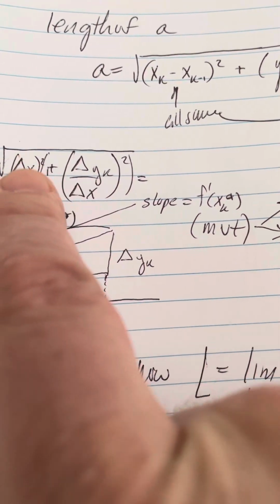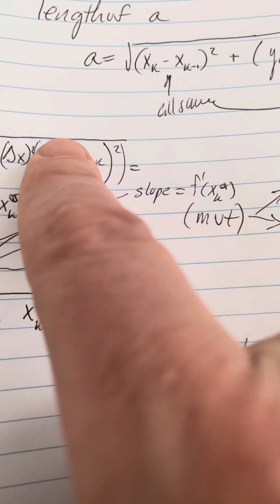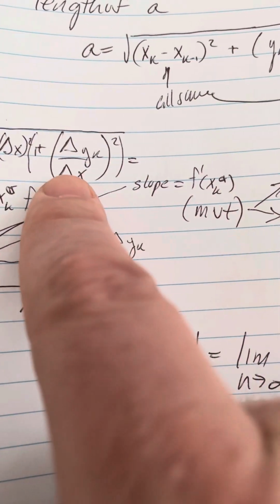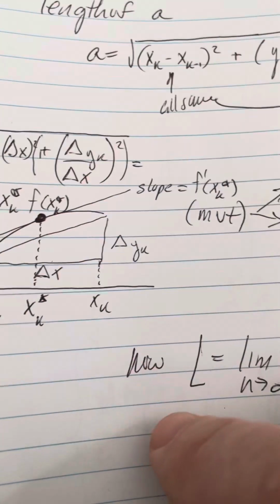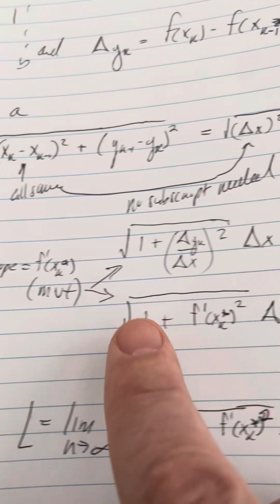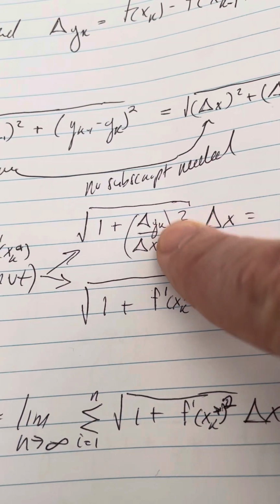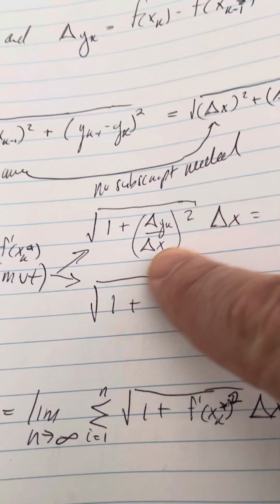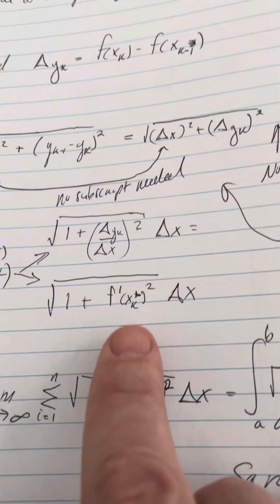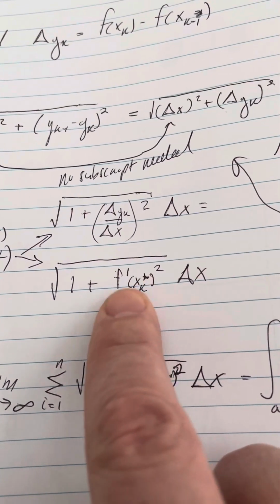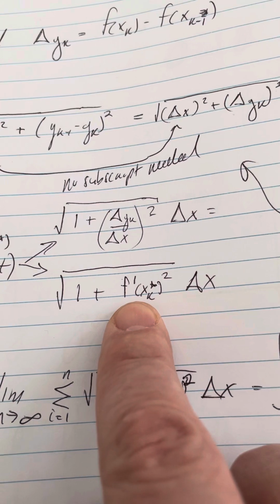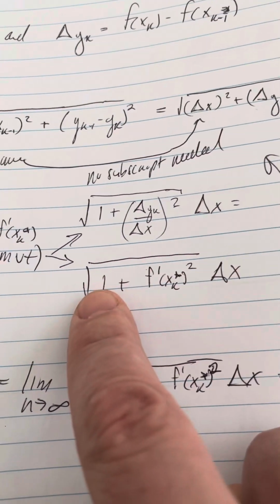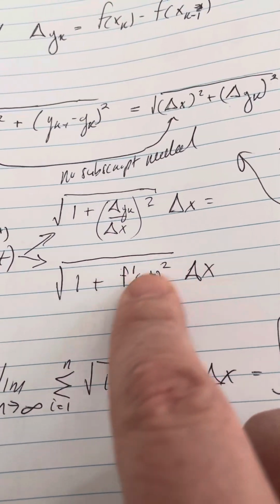So now I have this delta x squared, I have this delta y sub k over delta x squared, and if you think about what that is, our delta y sub k over delta x squared will become our derivative. And our derivative of our function is getting squared. So underneath it's 1 plus the derivative squared.